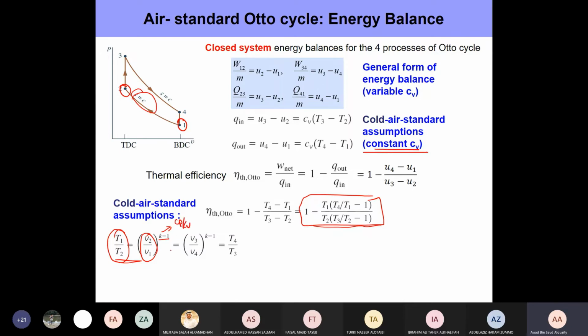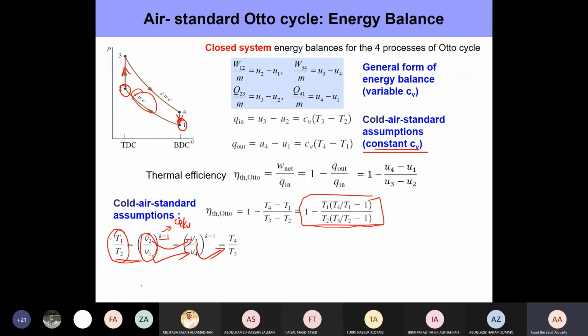Now, since 2 to 3 and 4 to 1 are constant volume processes, V2 is equal to V3 and V4 is equal to V1. So I can replace V2 by V1 as V3 by V4 raised to k minus 1. And once we have written it in terms of V3 by V4 raised to k minus 1, now using the same relations, I can write these specific volume ratios in terms of the temperature ratios.